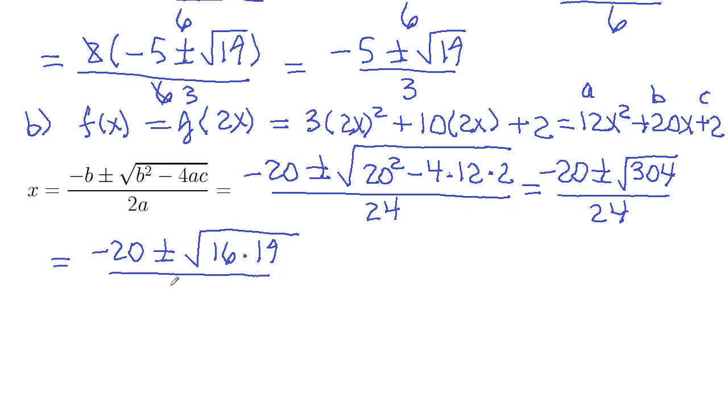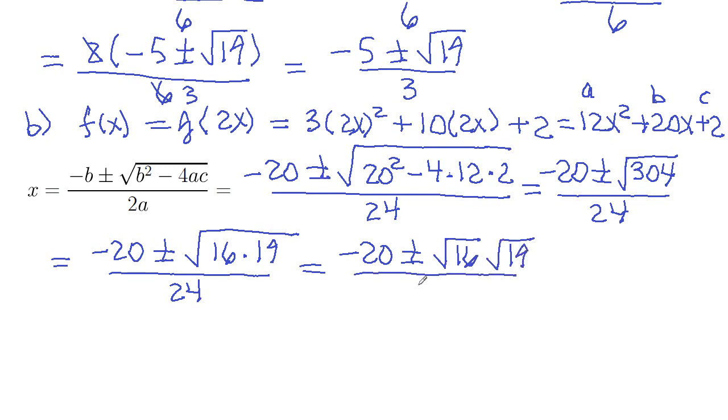And then we can break the 16 and 19 apart. So negative 20 plus or minus root 16, root 19, over 24. So that is negative 20 plus or minus, the square root of 16 is 4, and then root 19 is left, divided by 24.